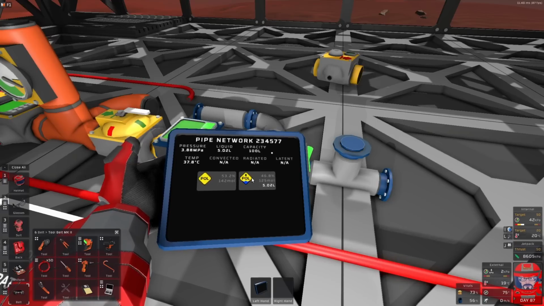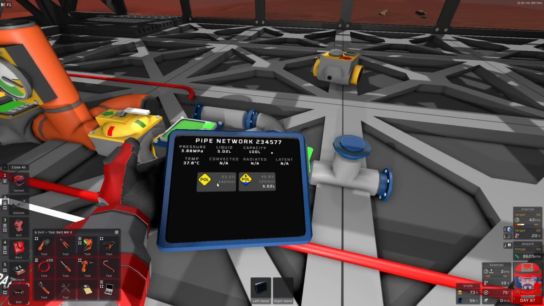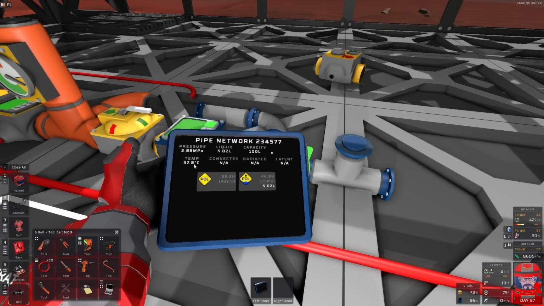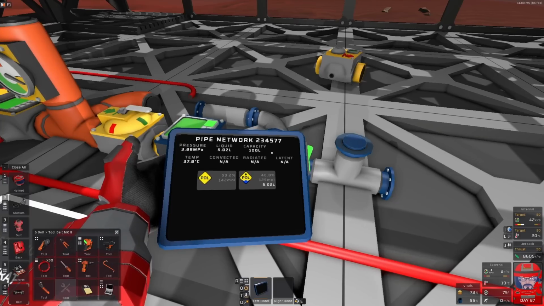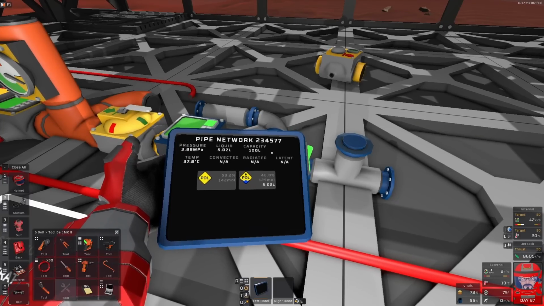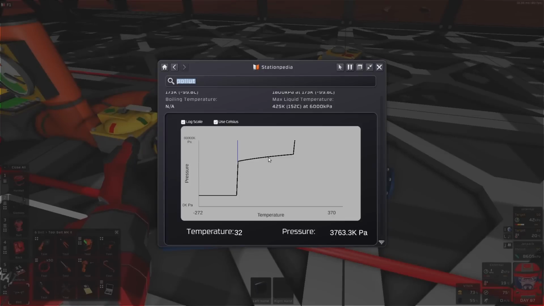So now the further evaporation is prevented by the gas pressure that we've got here, the vapor pressure. So if we go to 37.8 degrees, we should find on our graph that that is 3.88 megapascals. So, all right, 3.88 megapascals, about 37 degrees approximately.